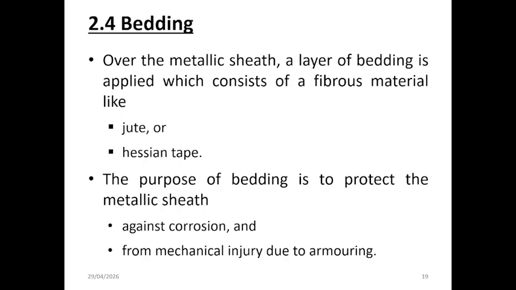Its main function is to protect the metallic sheath from corrosion and to prevent mechanical damage caused by the armoring layer. Especially in Saudi Arabia, we have a high humidity and very hot environment, so corrosion will happen suddenly.